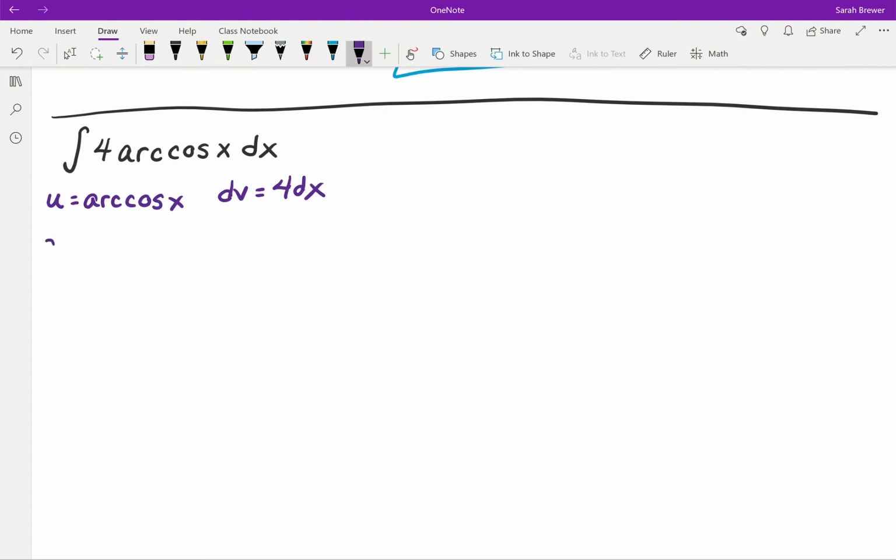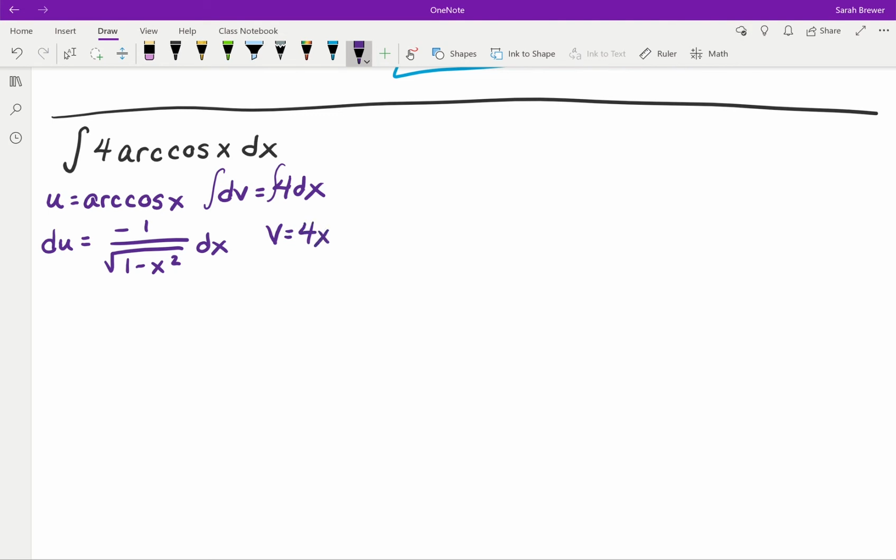All right, so hopefully we remember the derivative of arc cosine x. Here's the differential of arc cosine x, that's negative 1 over the square root of 1 minus x squared dx. And then the integral of 4 dx gives me that my v is 4x.